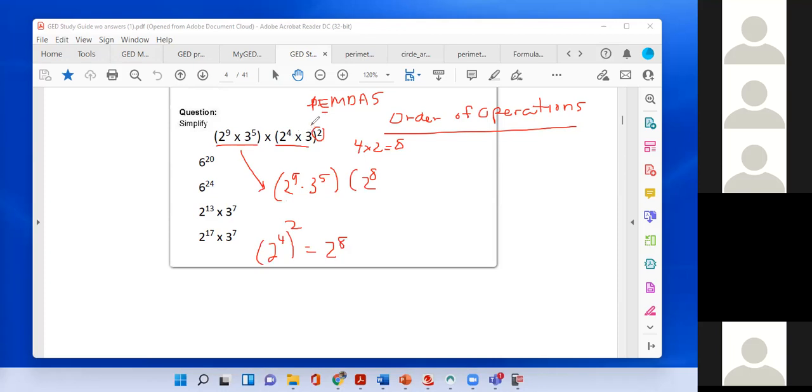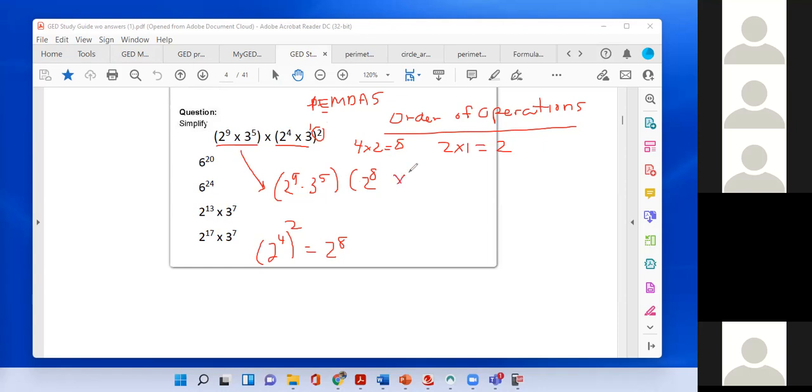Now, there's a 3 here. We also have to raise it. But if you don't see an exponent, it's 1. You just don't see it. Anytime 1 is used as an exponent or in multiplication, you don't see the 1. So in this case, 3 is just 3 to the 1st. What's 2 times 1? 2.